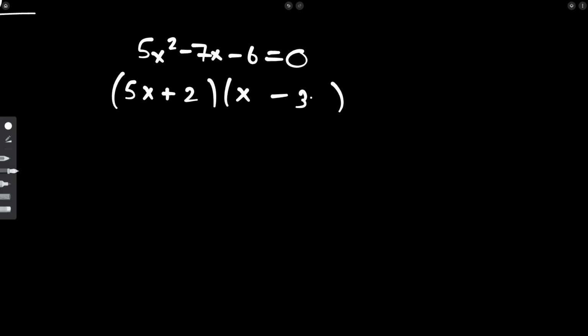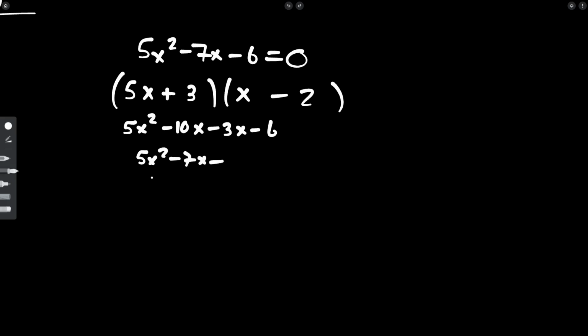Does that work? 15, nah, it's too big. Let's try now 3 and 2. That would be negative 10 plus 3. I think that works. Let's test it. 5x squared minus 10x plus 3x minus 6. Okay, so that does work.